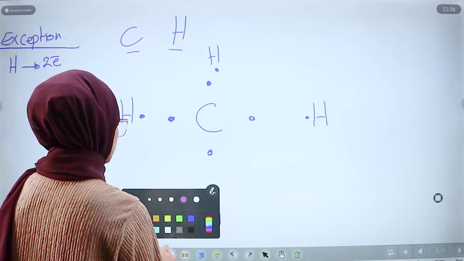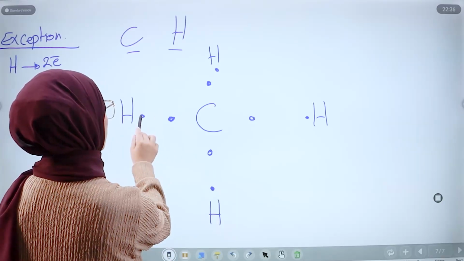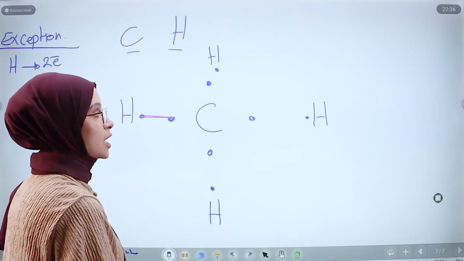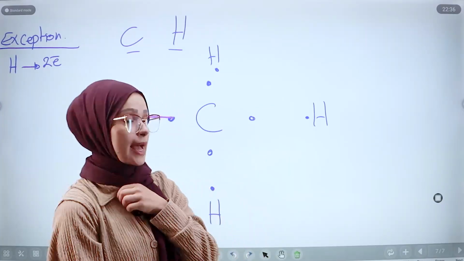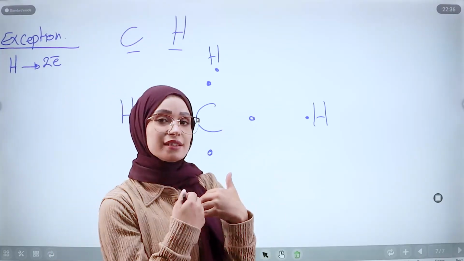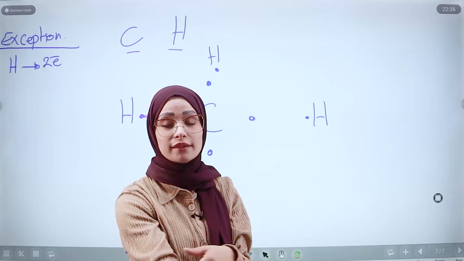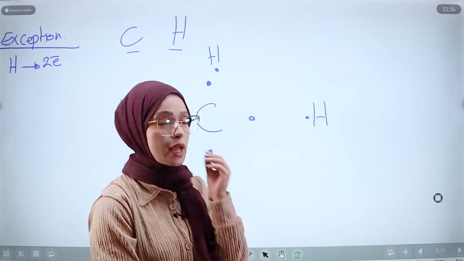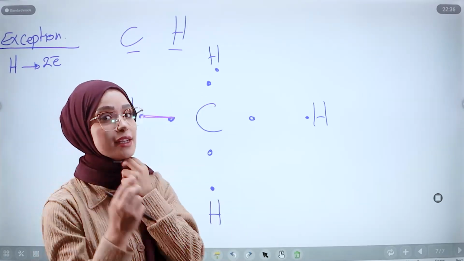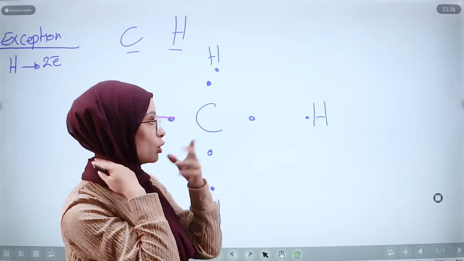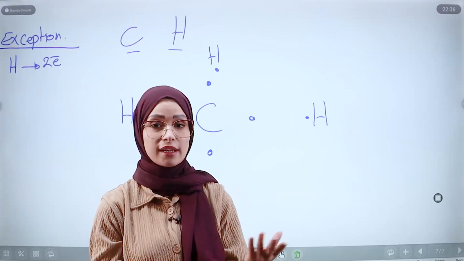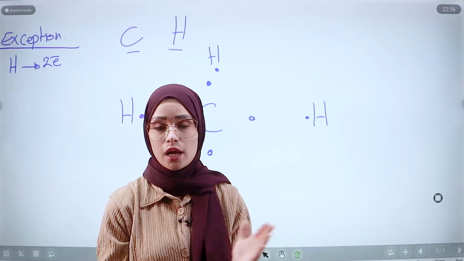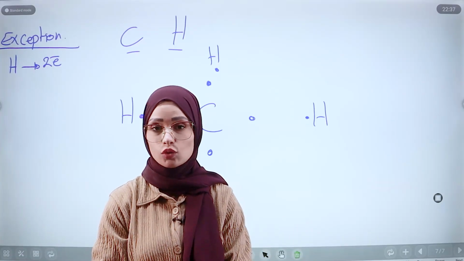Now we make a bond. Now this hydrogen will bind to this carbon. I don't give you my own electron. And I, as hydrogen, can't give you my only electron, and I will end with no electron. And I, as a carbon, can't give you my 4 electrons, one to each one of you, the 4 hydrogens, and I will end with no electrons in my last orbital.